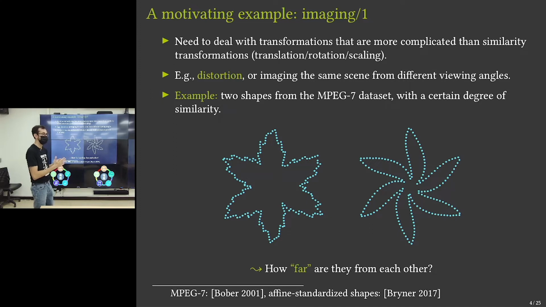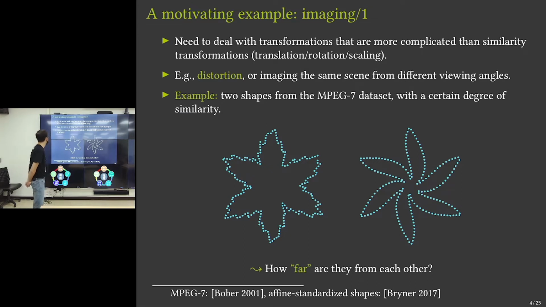This creates a kind of distortion. Or there are other cases in which there is a change in perspective, for example, if we are imaging the same scene from two different points of view, from two different angles.